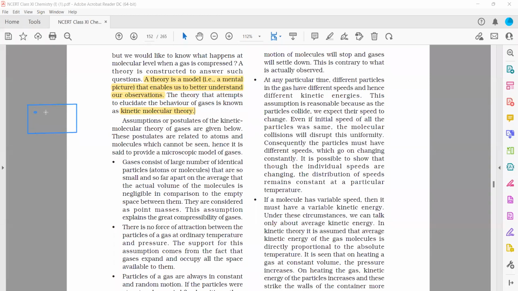It is written that the gaseous molecules are so small and so far apart that the volume of the actual gas molecules or atoms is negligible in comparison to the total volume of the gas. And this explains why gases are so much compressible. I hope I'm clear.